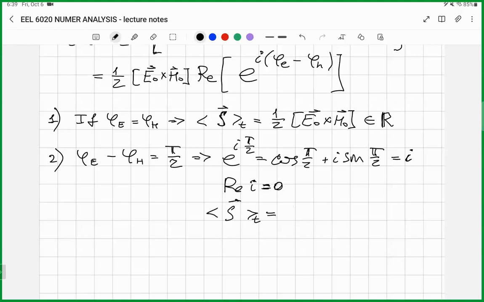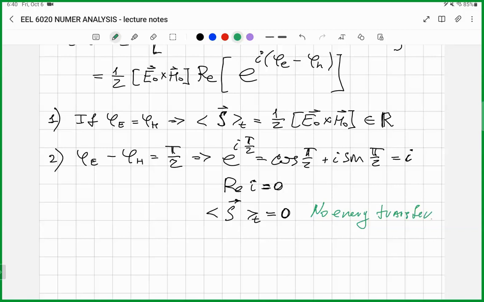In this case, the Poynting vector averaged over time is equal to 0 because the real part is 0. So what does it mean? It simply means that the field doesn't propagate anywhere. So no energy propagation, no energy transfer.